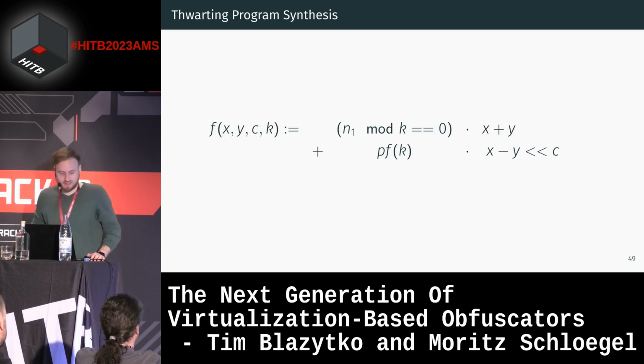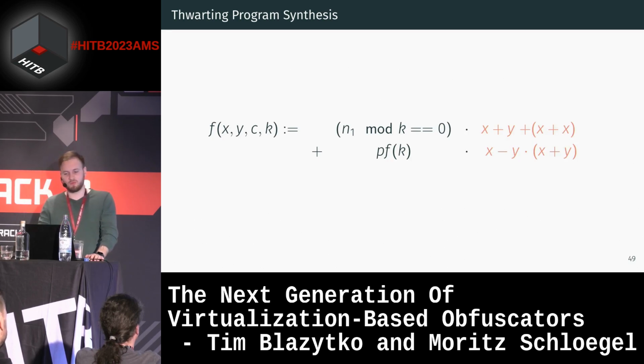So on our handler, instead of having this simple instruction semantics x plus y, we might find something like x plus y plus x plus x. The thing really here is what we need to look for is that this is target specific. So the target program which we are obfuscating is running this operation.